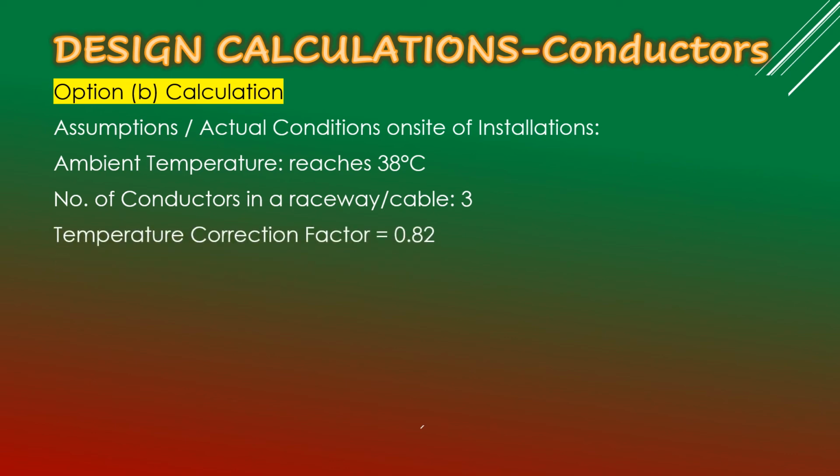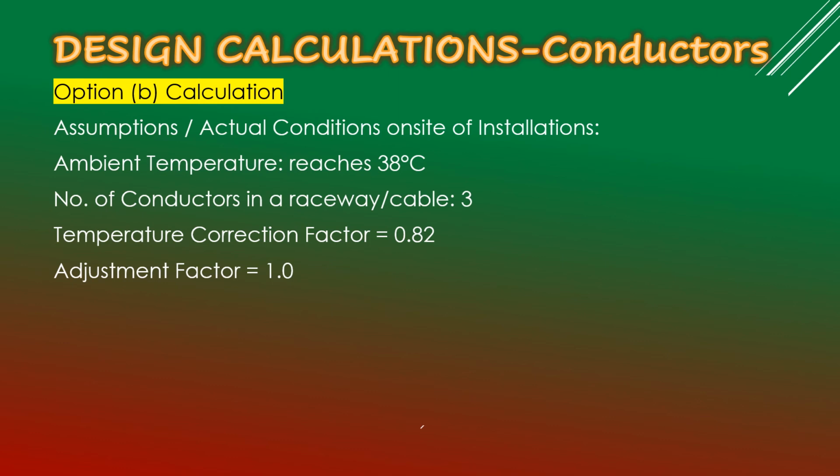And if we are going to see the table, which I also showed in the video lecture episode number 1, the temperature correction factor from the table for 38 degrees is 0.82. And for the adjustment factor, this is 1.0 or 100%.